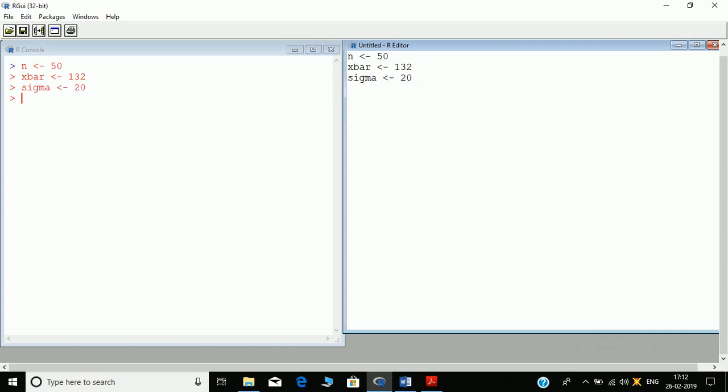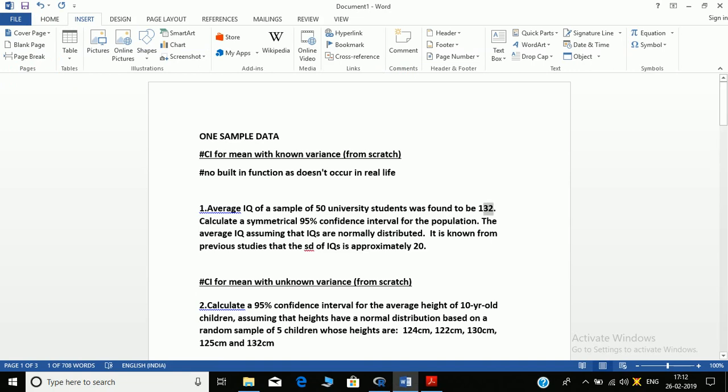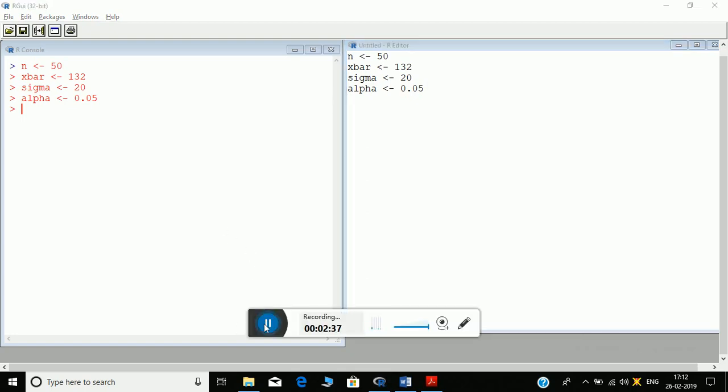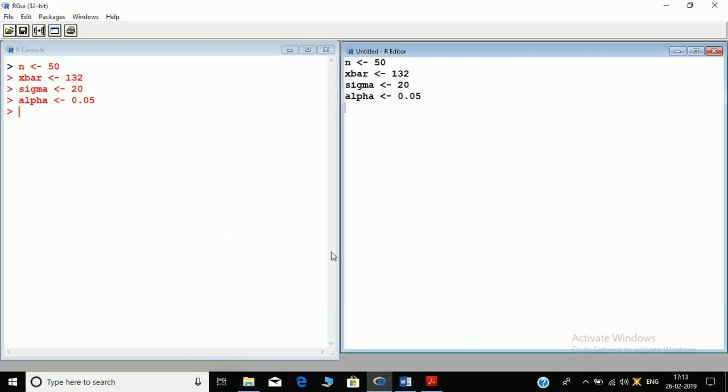And then I have alpha, which is 0.05, because I have to construct a 95% confidence interval. Okay, so alpha is 0.05.